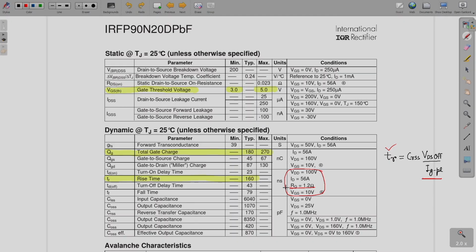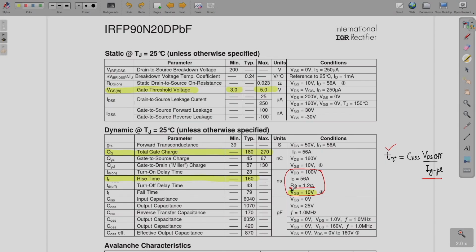You may use it, or you may use something higher than that or lower than that as well, but that gives you first idea that okay, this RG is 1.2 ohms or more than that, or somewhat less than that, that is what you are going to be using. And what is the VGS voltage? 10 volt, that is also what they have used. So, that also gives you an idea of how much is the VGS you can use to start your experiments with. Of course, 10 volt may be less, you may be wanting to apply more than that, but these are just to give you some starting points to do your design.